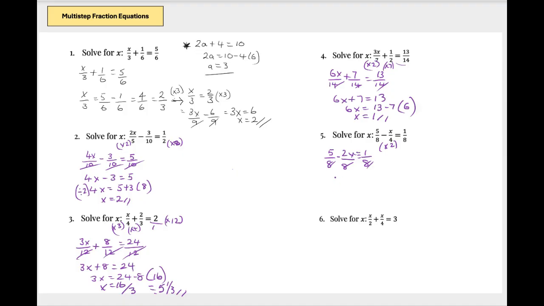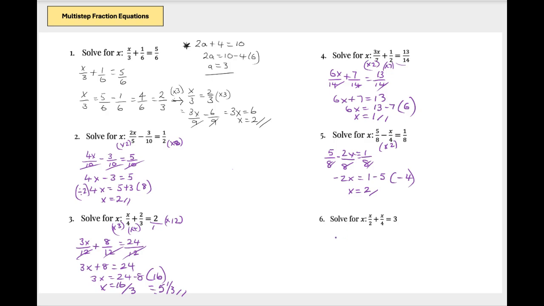So I've got minus 2x equals 1. That's a plus, so it becomes a negative. Negative 5, which gives us negative 4. Minus 2x divided by minus 2, minus 4 divided by minus 2, so x equals 2.